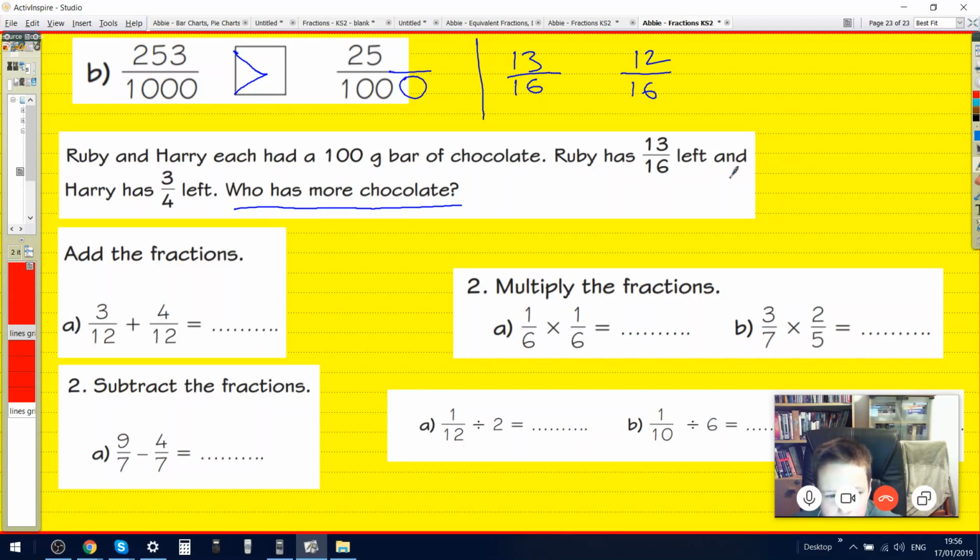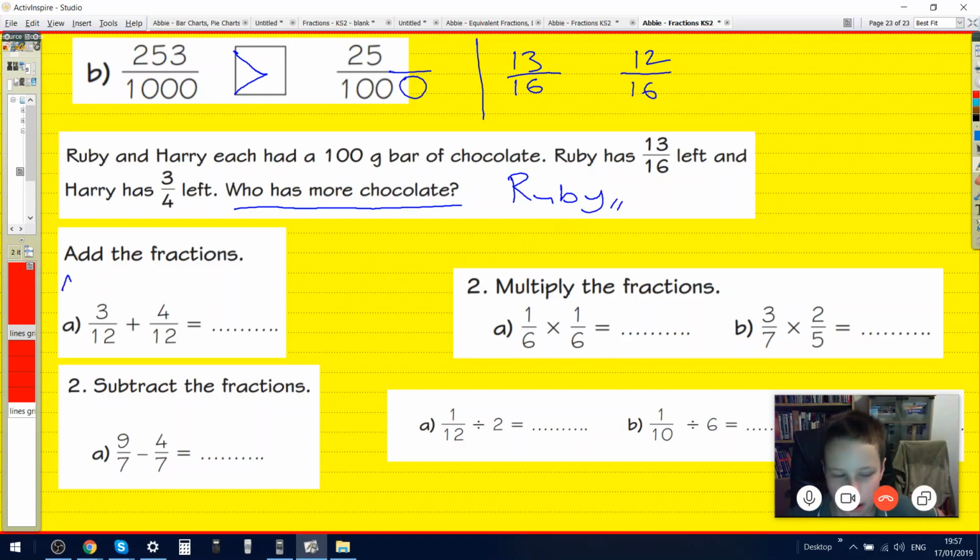So Ruby has 13/16. What fraction does Harry have? 3/4, and that's the same as 12/16. And so who has more? Ruby. Yes.